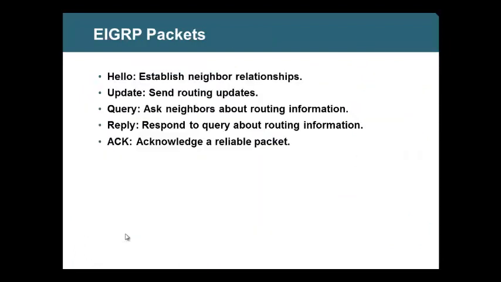Now EIGRP has got 5 different packets. One, the hello packet, which is sent every 5 seconds. This is the reason behind the establishment of neighbors. Every time it sends hello, if there is any new EIGRP router, it can learn about this router.